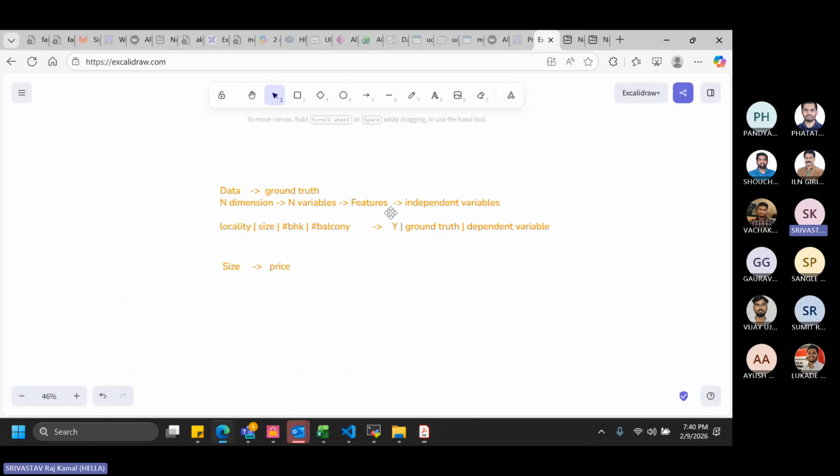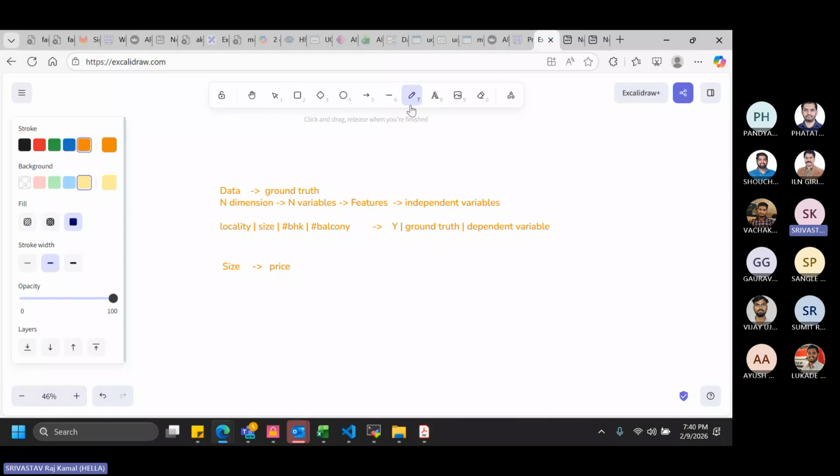Basically, this is my input, this is my size, this is my price, and they have given some data points, and they want us to create a regression line. I'll explain that in detail.